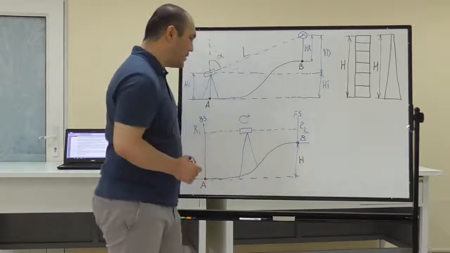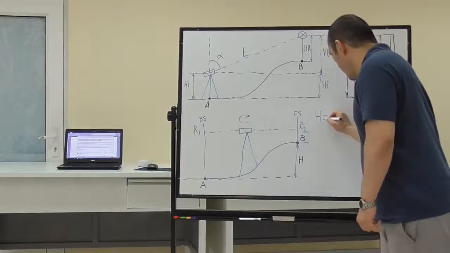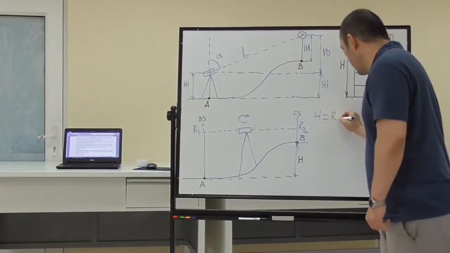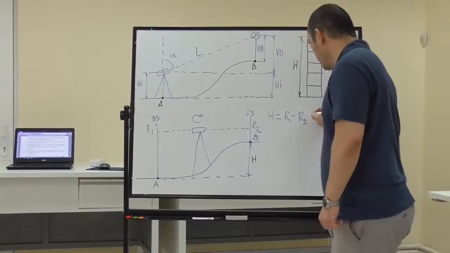And the relative height will be H equals R1 minus R2.